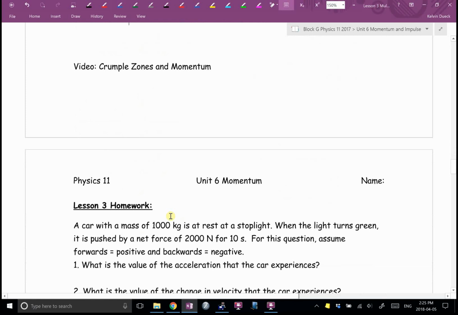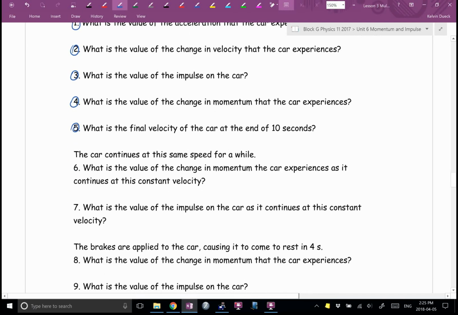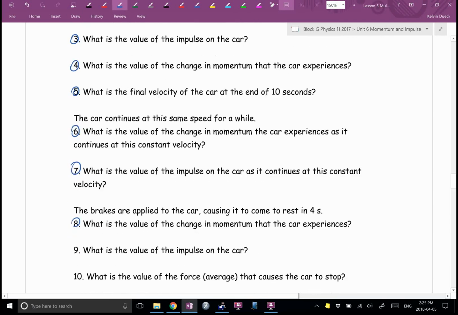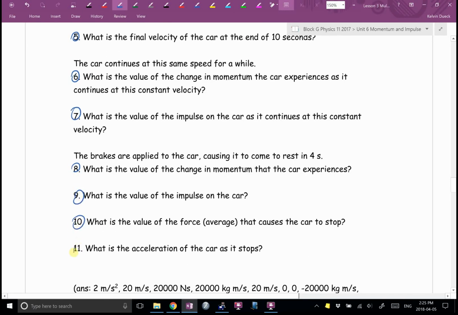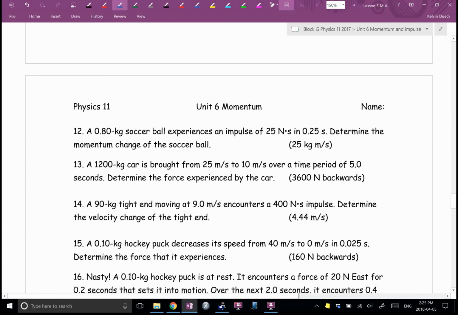I got a video to show you, but first of all, what's our homework? 1, 2, 3, 4, 5, 6, 7, 8, 9, 10, 1 to 11. That front page is all nice stuff. 12 is good, 13 is good, 14 is good.